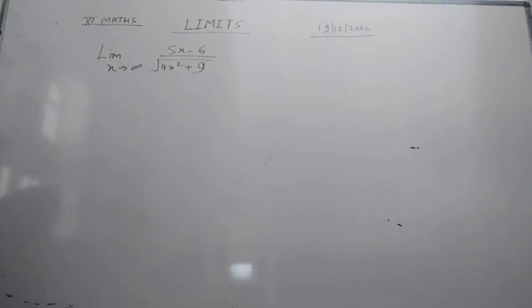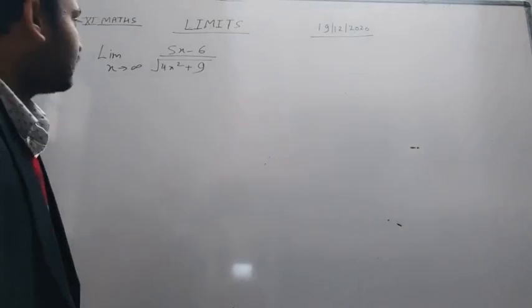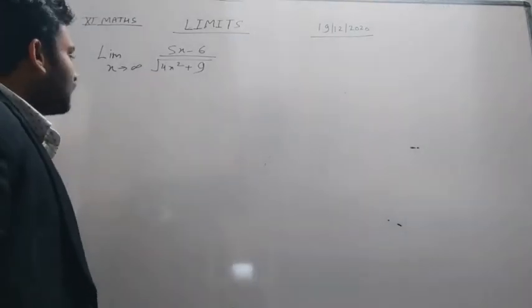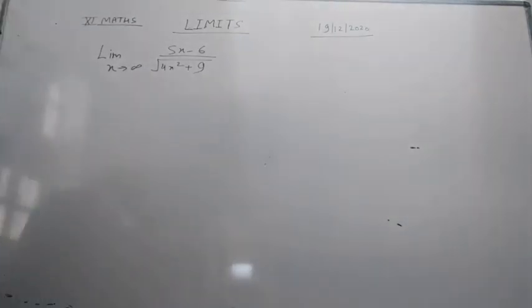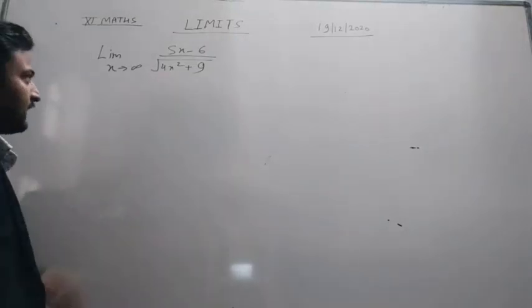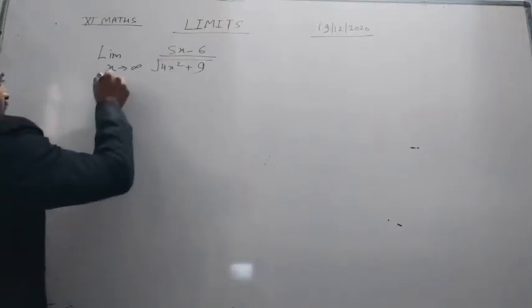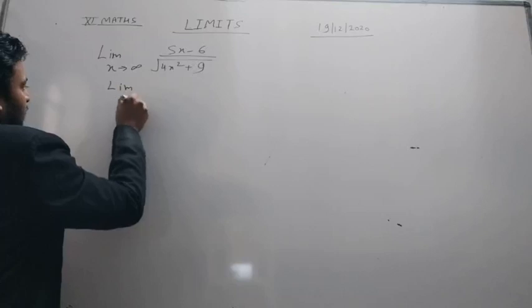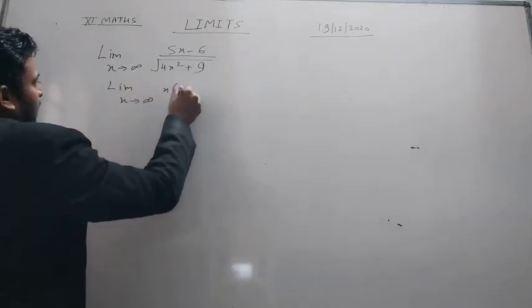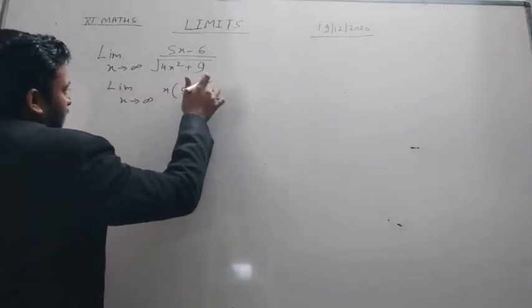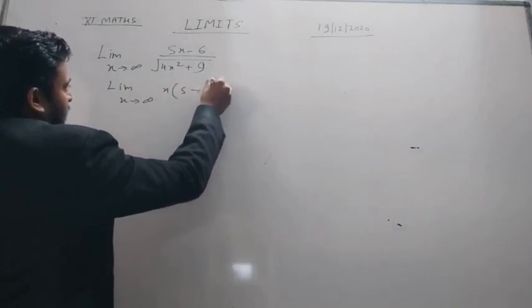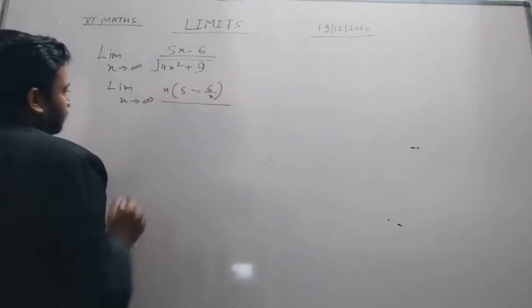For evaluating this limit, we see that here is x square and here is x, so we take x outside, and we get 5 minus 6 by x.